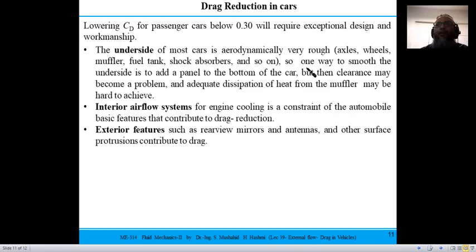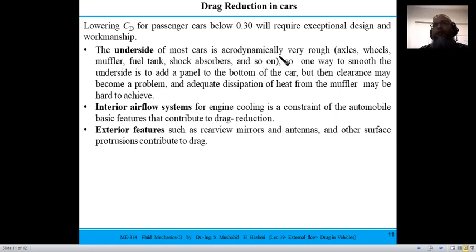For example, the underside of most cars is very rough, like axle, wheels, muffler, fuel tank, shock absorbers, and these are all equipment whose surface roughness is very high. So there is a friction drag part available.